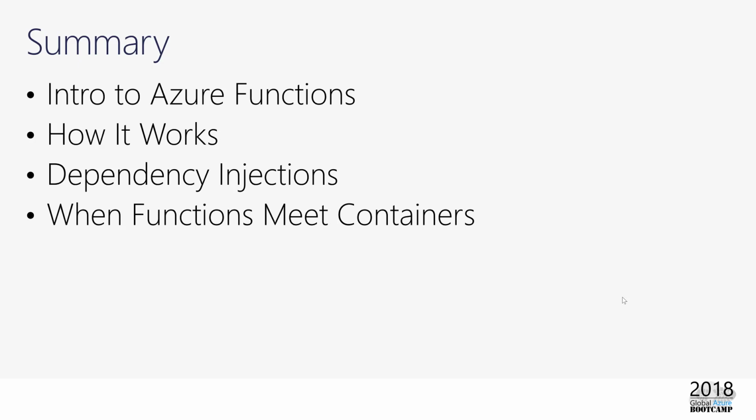And then we discussed how dependencies can be managed differently in version 1 and version 2. And finally, I showed a Docker container running Azure Functions, how we can create Azure Functions in a Docker container and how we can deploy that container to Azure.